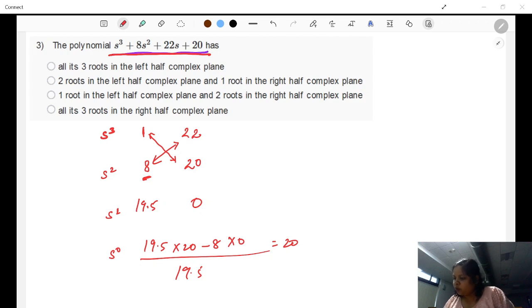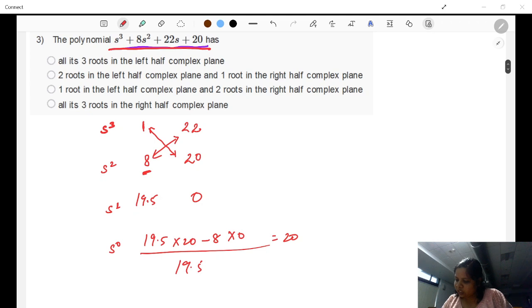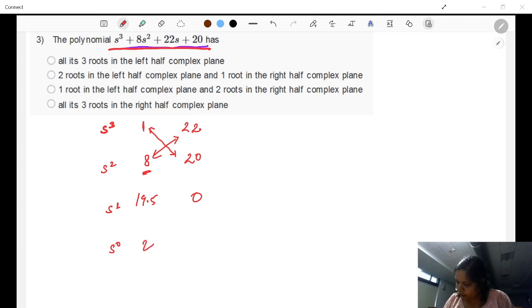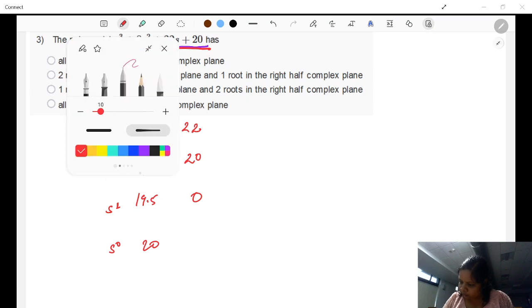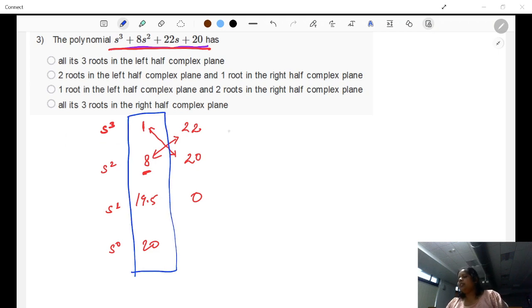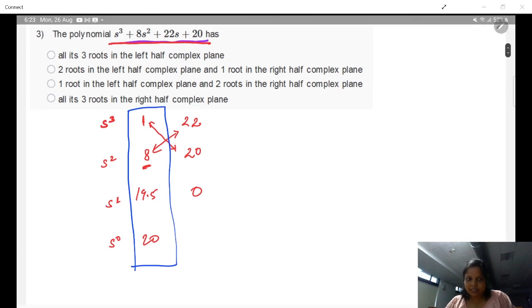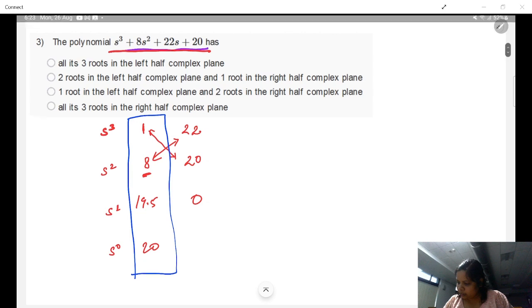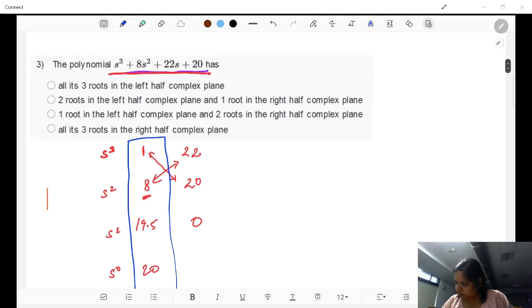So what do you observe here? Is there any change in sign in the first column? I'll write 20 here. Check this. What you can see is that all of them have positive sign, meaning there is no sign change.